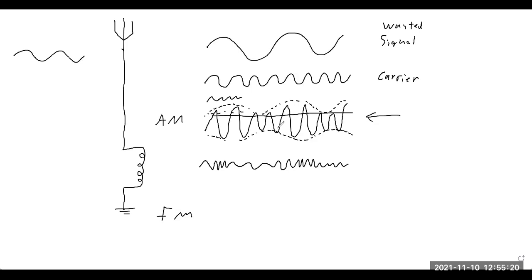Just random noise would probably interfere with your signal less if you're on FM, so you should get better clarity. For making it, it's easier to make an AM radio. It was the first one. That's just a cool thing.